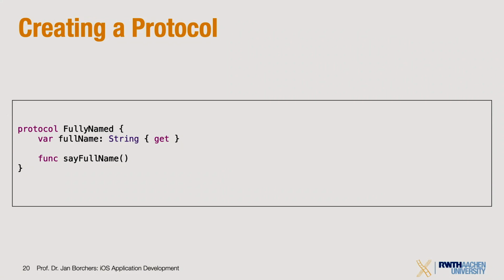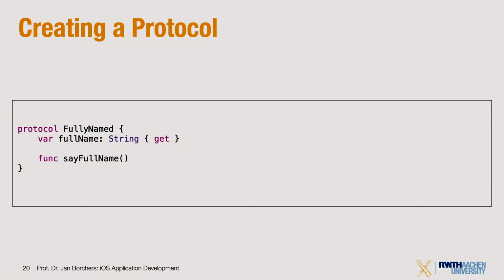So they need to have a first name, they need to have a last name, and if they do, then I can also provide something like the full name, right? Write it out, put it out on the console. So this looks a lot like a type definition of a struct or a class or enum, doesn't it? This looks basically like a struct, for example.